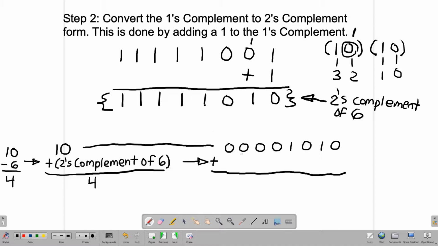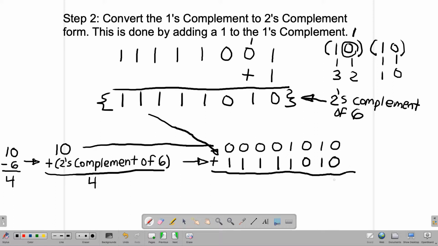And this time, instead of subtracting the binary representation of the value 6, we're going to move its 2's complement here. So let's move that value there. So we have 1, 1, 1, 1, 1, 0, 1, 0. And this time, instead of subtracting, we're going to add.